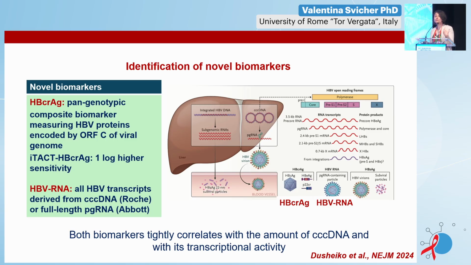Composite since it quantifies 3 viral proteins, all produced by the same open reading frame of the HBV genome. Conversely, HBV RNA measures viral transcripts circulating in the bloodstream, including viral particles containing pregenomic RNA that has not been retrotranscribed.